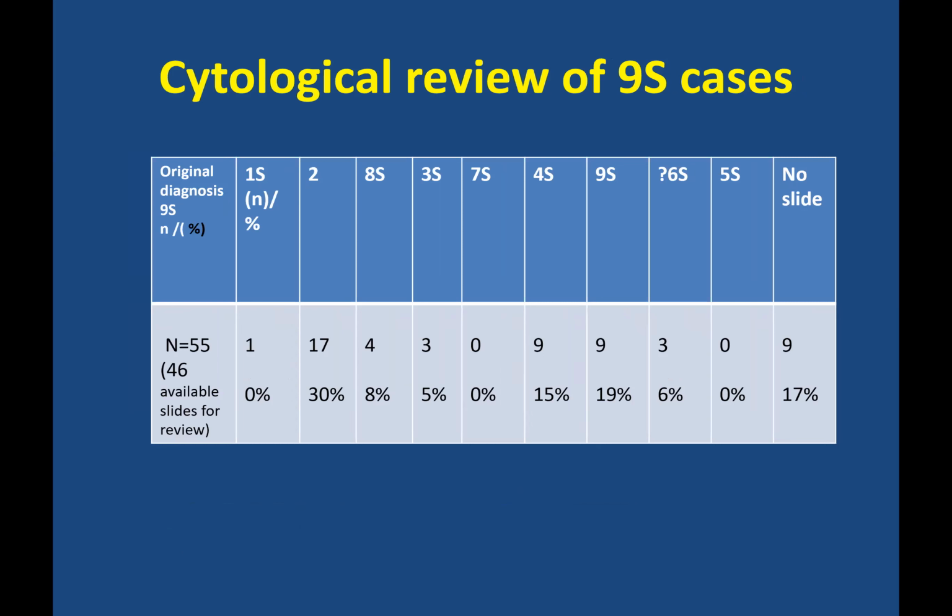Turning to our borderline endocervical category, this was more variable, and I think this underscores how difficult this category can be. 30% of them, personally, I would have called negative, okay? 8% I would have said was borderline and squamous, 5% was low grade.